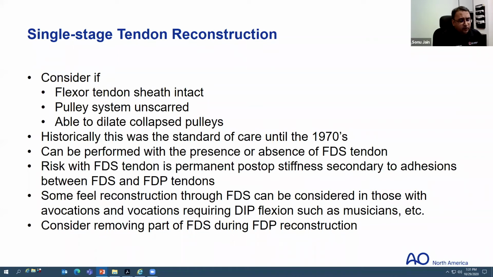But again, those who are more adamant about fixing this feel that patients who have vocations or avocations that require that DIP joint flexion, such as musicians, should benefit from this. There's one other paper that looked at potentially removing 50% of the FDS tendon to allow more room for the FDP reconstruction.